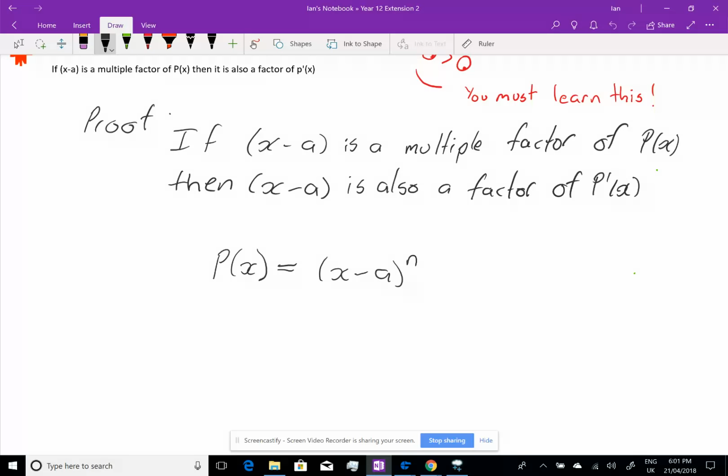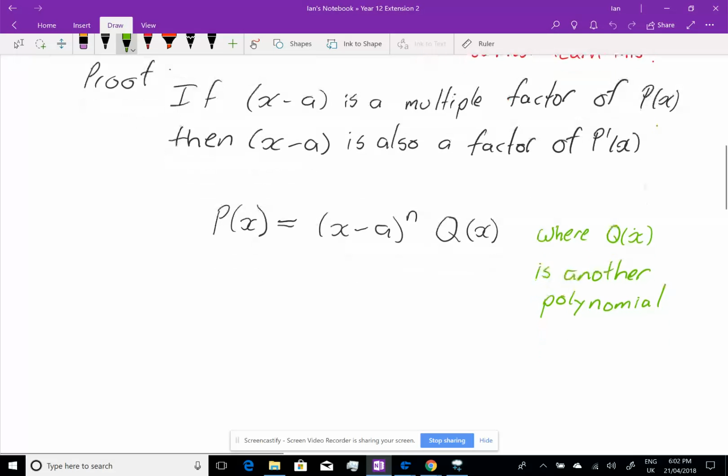So p of x equals (x minus a) to the n times q of x, where q of x is just another polynomial. And there's no remainder, there's no r of x, because it's a factor. That's what we're told. That's our statement. If x minus a is a multiple factor of p of x.